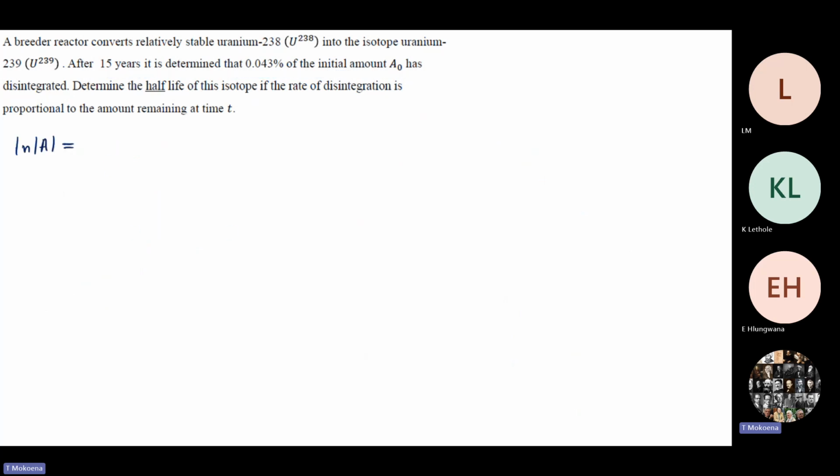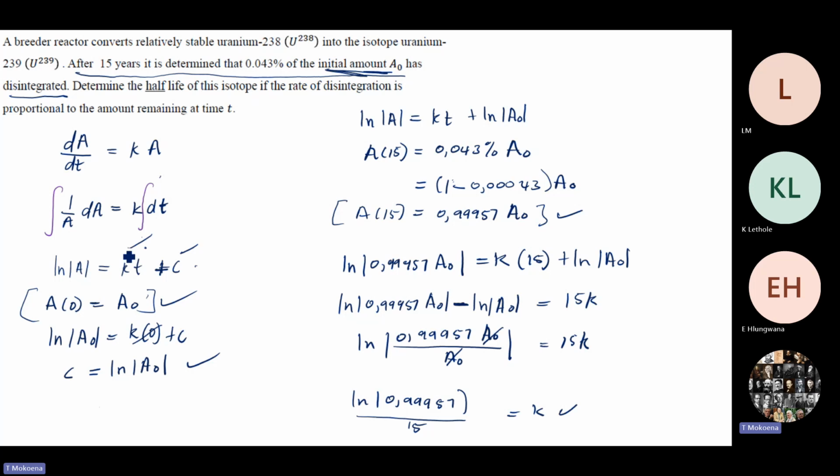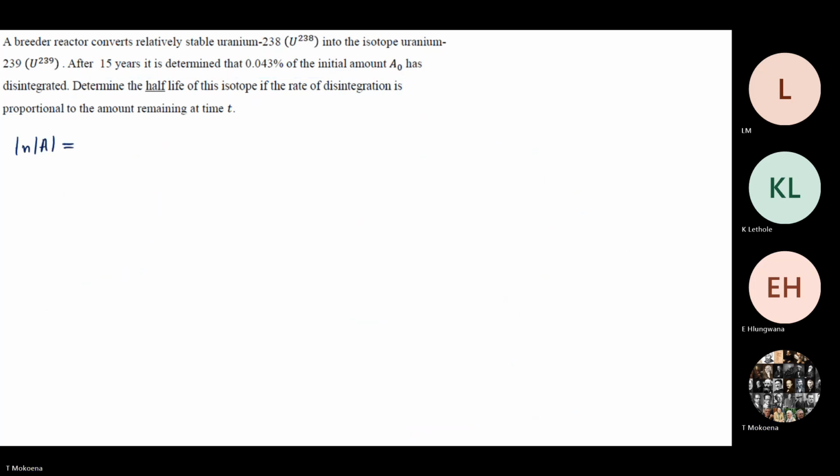So our K, remember, I'm substituting K. Okay, so this is my K. Don't forget. It is ln of 0.99957 divided by 15. This is K multiplied by T. And then what is our C?